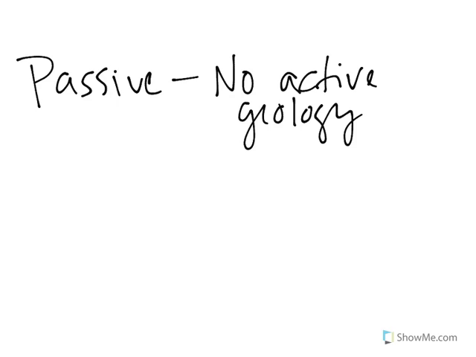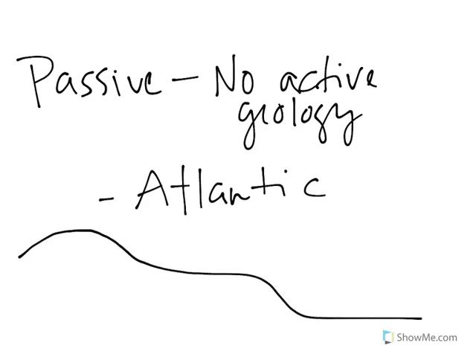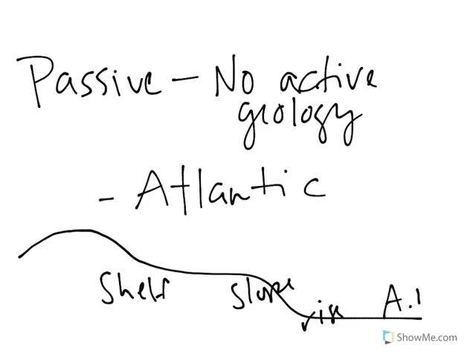So if you want a good analogy or a good idea of where we have a passive margin, this is going to be our Atlantic coast. What we see is that full suite that we just talked about, right? We see our shelf, we see our slope, our rise, and our abyssal plain, right? We see all the features of a margin at a passive boundary.